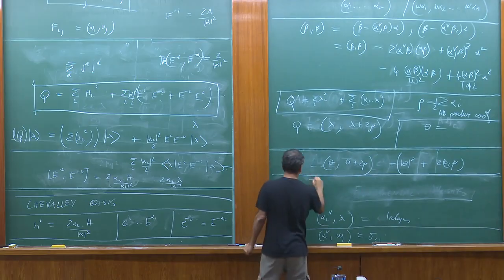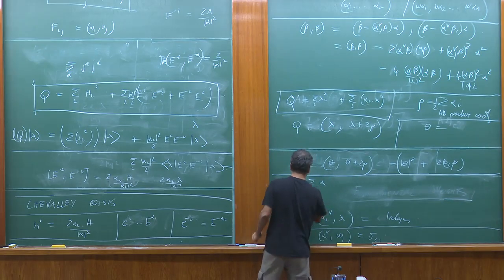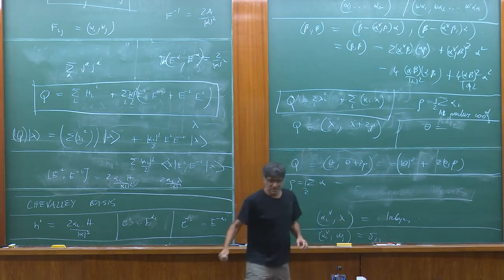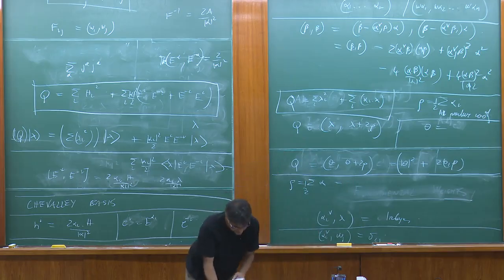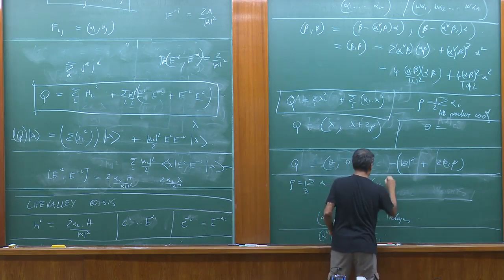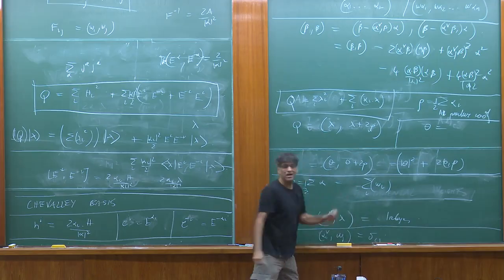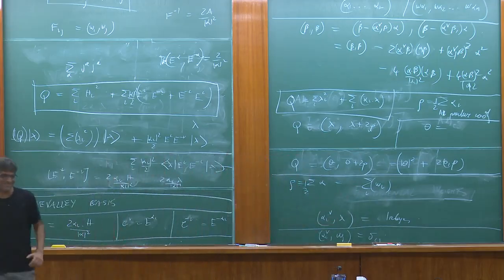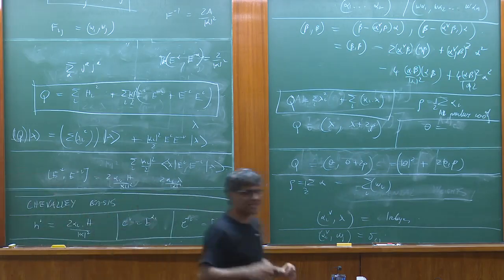We'll prove that rho, which is the sum over all positive roots divided by 2, is also given by the sum over I of w_I, the sum over all the fundamental weights. This will be unsatisfying, so let's postpone this to next class.